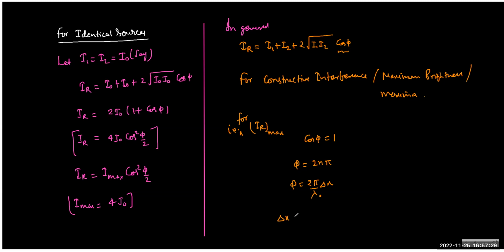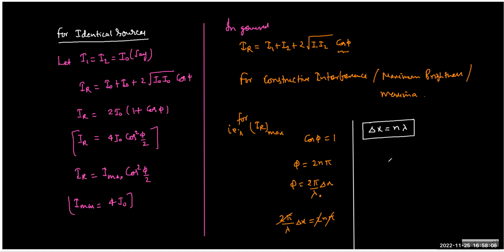So if you compare these two, delta x goes to n lambda.